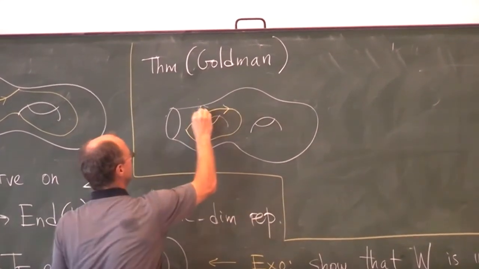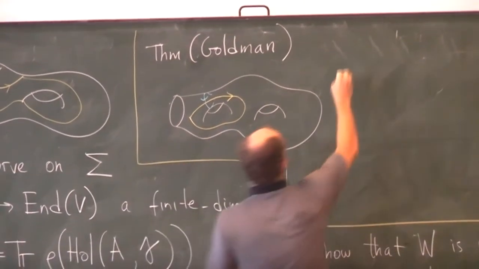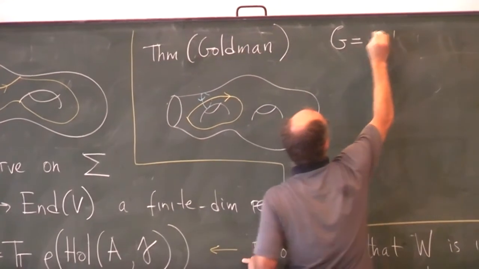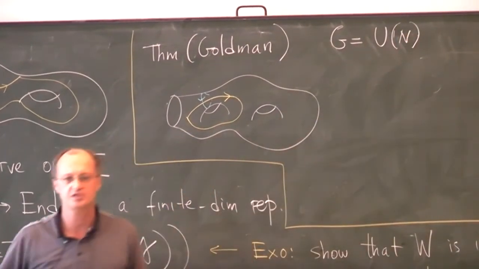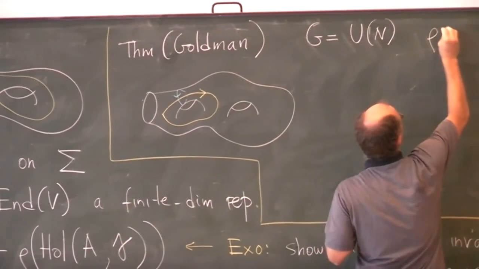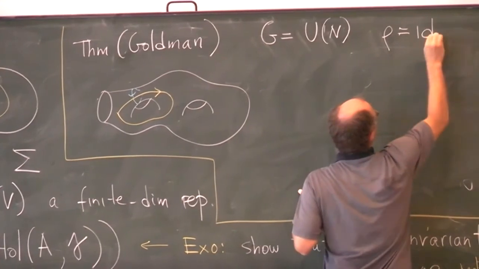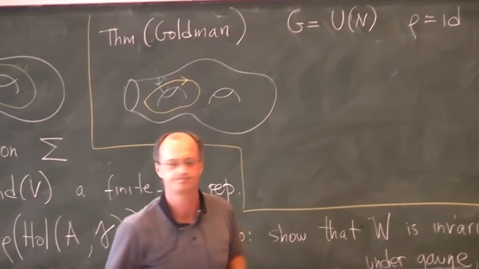I take two functions corresponding to two curves, and to simplify my life, I'll choose G to be the group U(N), and rho will be the identity representation, which maps U(N) to the n by n matrices.